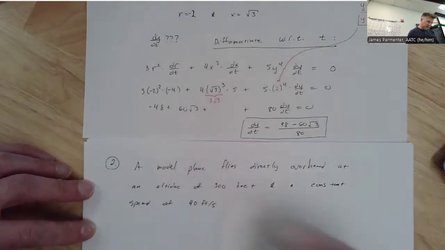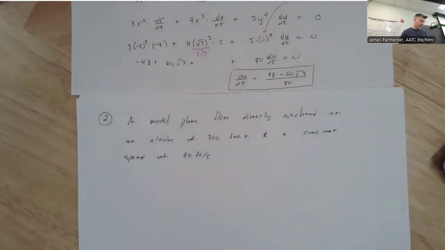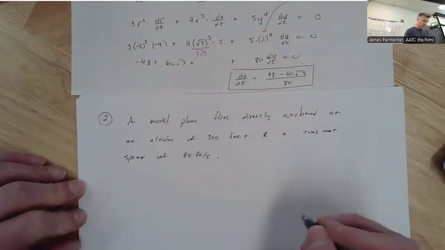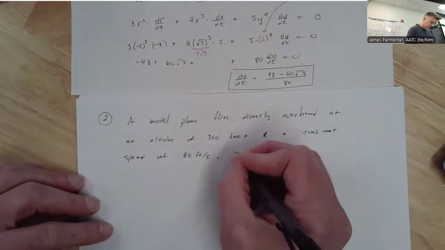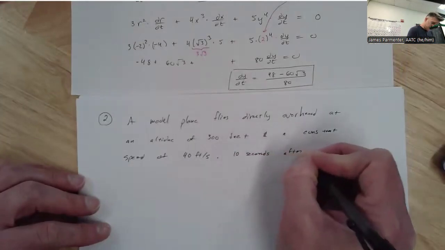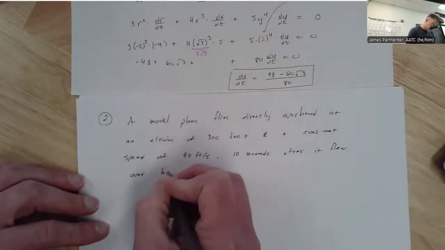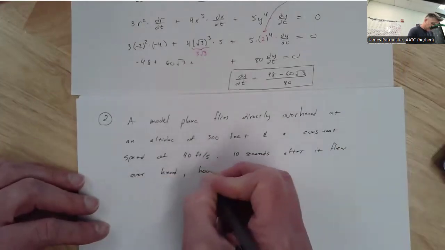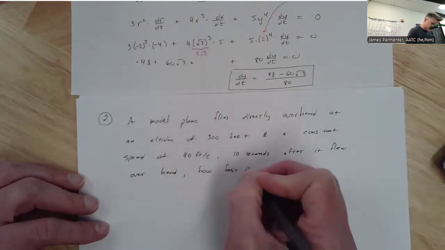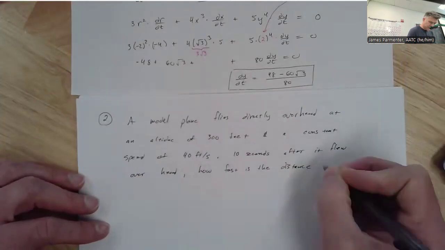That's probably too fast or too slow, I don't know. And 88 feet per second is 60 miles an hour, so that's probably not too terrible to think it's going like 30-ish miles an hour. Sure, why not? 10 seconds after it flew overhead, how fast is the distance between myself and the plane changing?